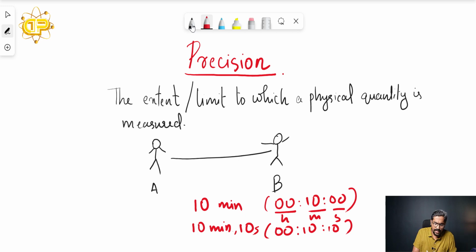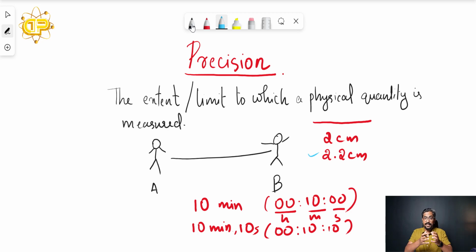For example, if I'm saying the length of this particular line is 2 centimeters, then another person is saying that it is not actually 2, it is only an approximation. I am saying that this is 2.2 centimeters. Then who is precise? The second one is precise, right?